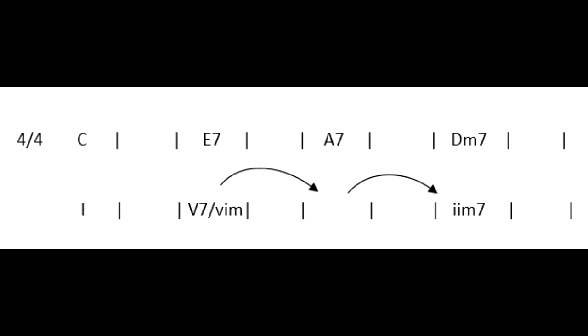Analysis. C is the 1 chord, E7 is the 5 of 6. Here goes an arrow, you can write 5 of 6. Then there's an arrow that goes to the next chord, which should be 6, but it's not. Now it's 5 of 2. And then you put an arrow to the next chord, which is 2 minor 7. So now you can go on and finish analyzing this first half of the song and see what you find there.